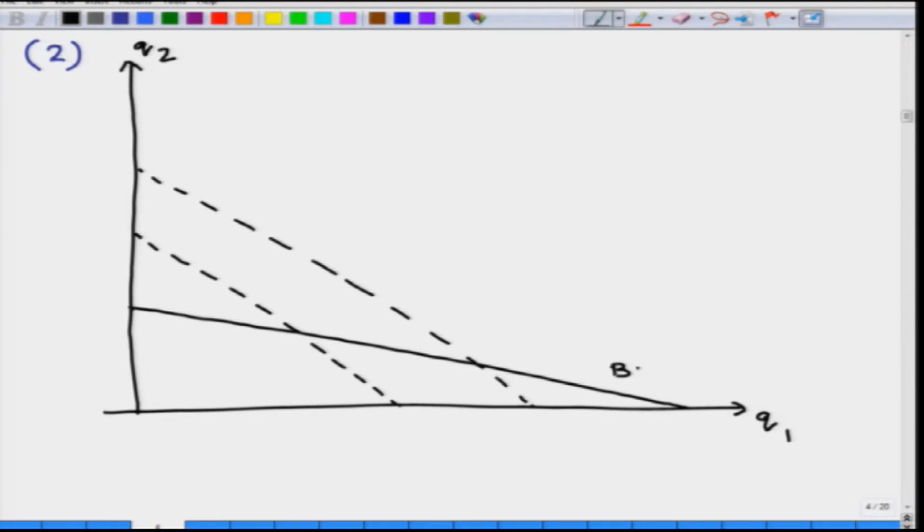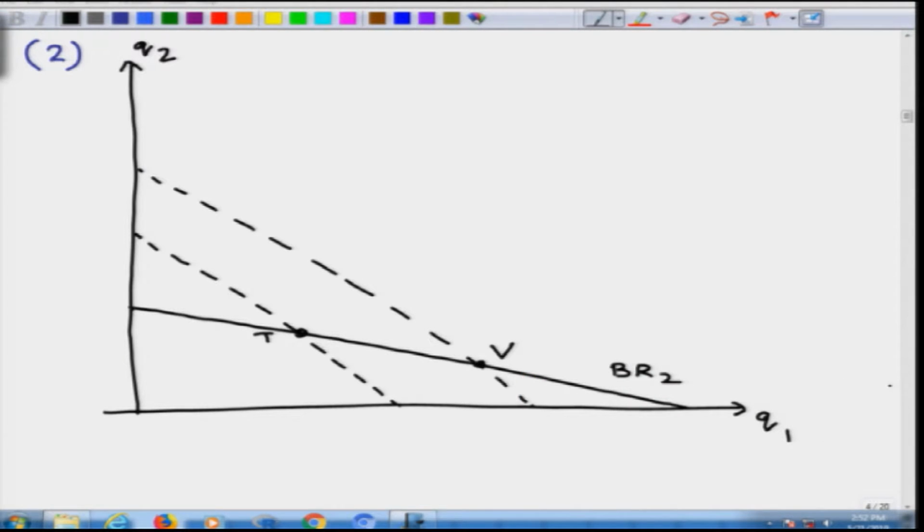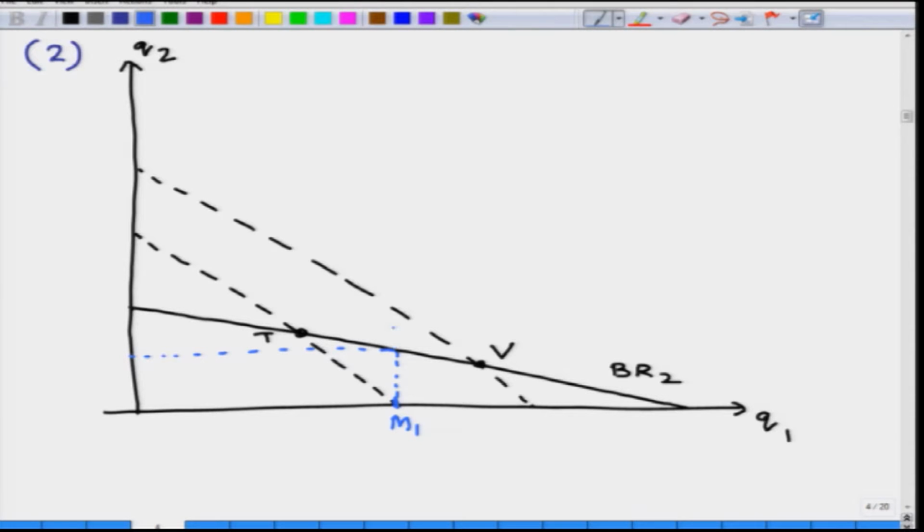This is the best response function for firm 2, as before this is T, this is V, and let us say we had the monopoly level of output M1 and M2, which we called the Stackelberg point. So, this is M2. Now, suppose B is equal to BH, which is here, to the right of V.